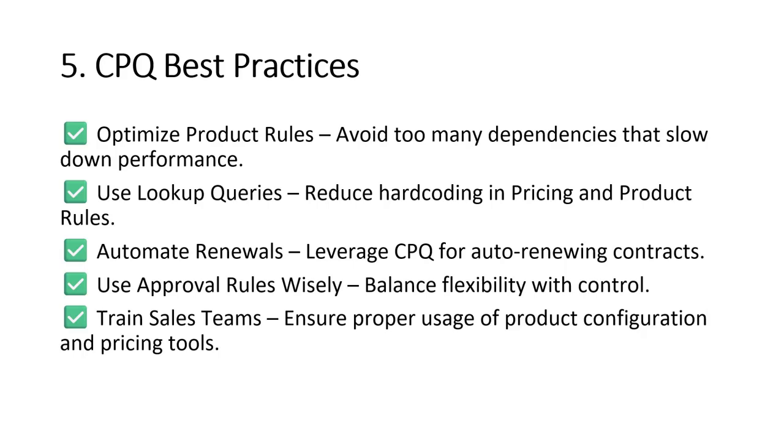To reduce hard coding of pricing in products, we can use lookup queries instead of hard coding the pricing in product rules. To automate renewals, we can leverage CPQ for auto-renewing contracts, and use approval rules wisely. We need to balance flexibility with control, so don't use approval rules everywhere, only wherever required.